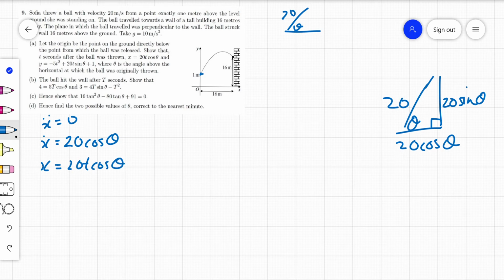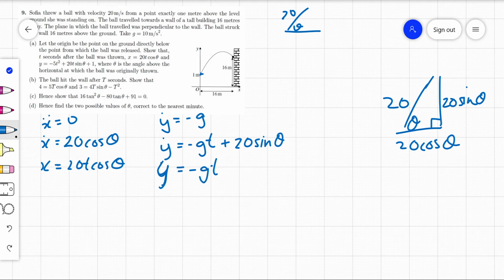If we look at our y, starting with our y dot, we've got y dot equals negative g, or negative 10, and then we integrate that to get negative gt, and when t is 0, y dot will be our 20 sine theta, that's our vertical velocity. Integrating that, we've got 20t sine theta.